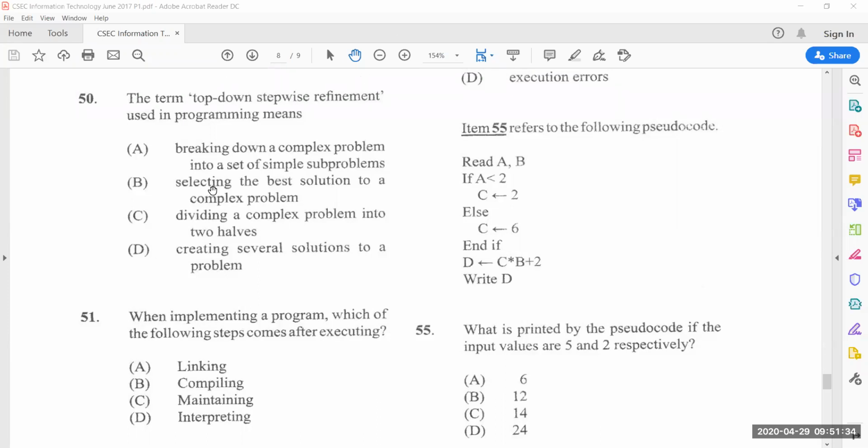Right? Okay, so top down would mean breaking down a complex problem into a set of simple sub-problems. Okay, so the answer for 50 is A.